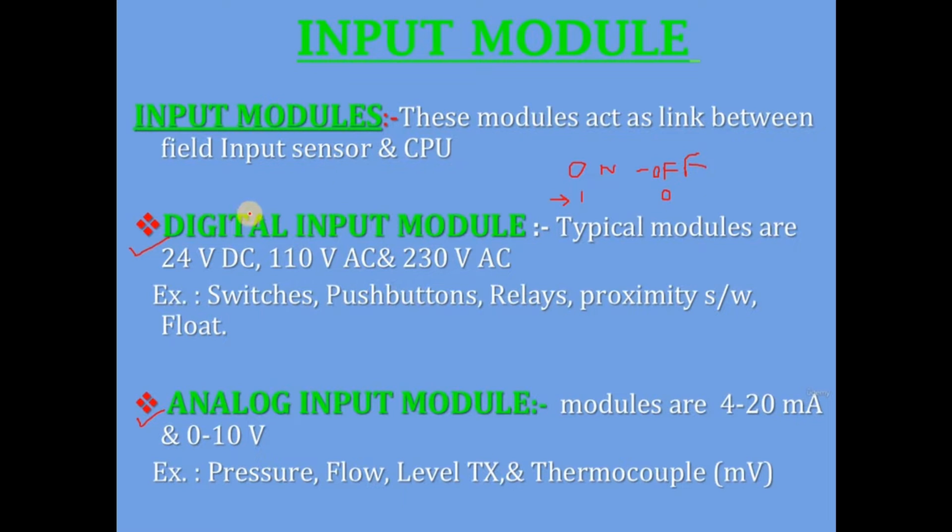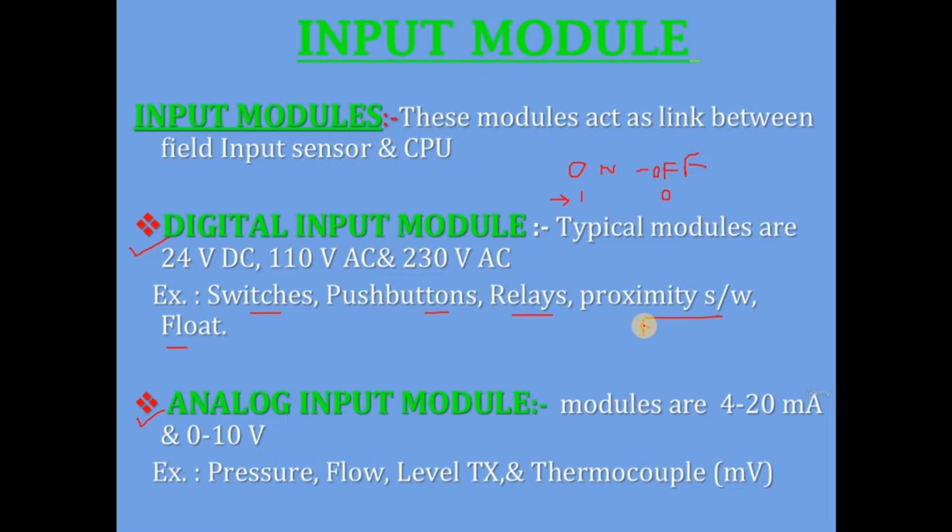In the digital input we can observe switches, push buttons, relays, proximity switches and floats as well. The proximity switch is a sensor used to detect an object. The float means, if you are designing a program for water level management, then we require float sensors, right?